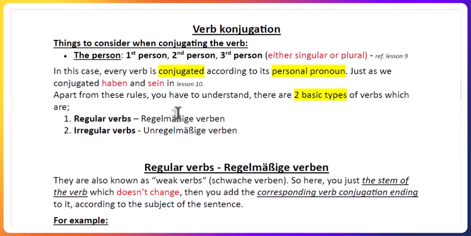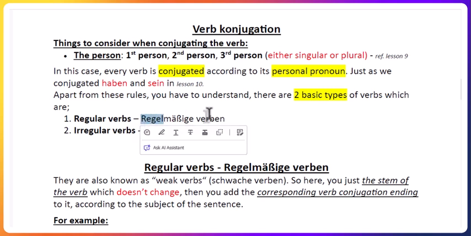In German, regular verbs are called regelmäßige Verben, and irregular verbs are unregelmäßige Verben.